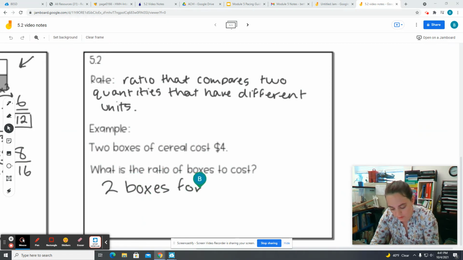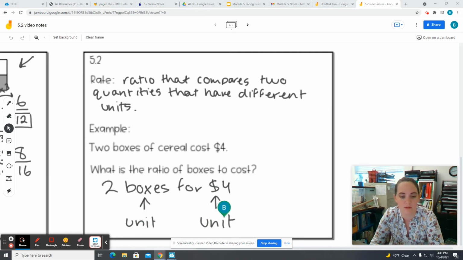This is an example of a rate because we have boxes and dollars. Okay? This is a unit. This is a unit. So we're comparing 2 different units to each other in a ratio form. Okay?